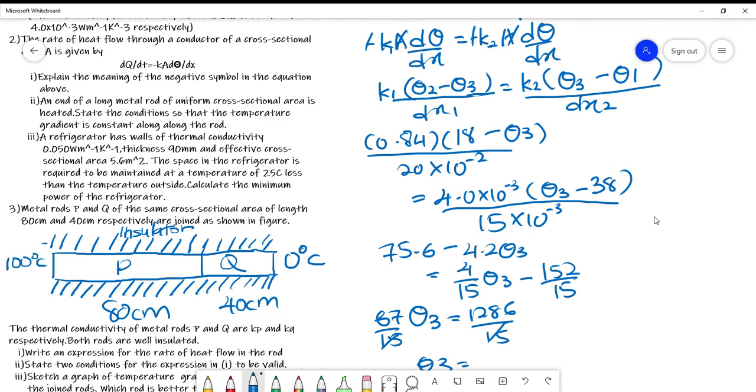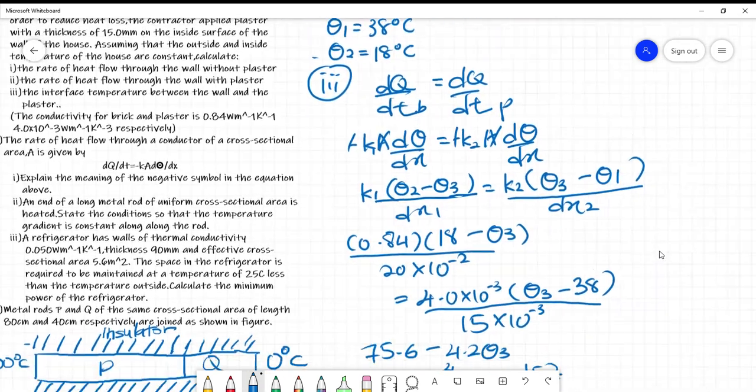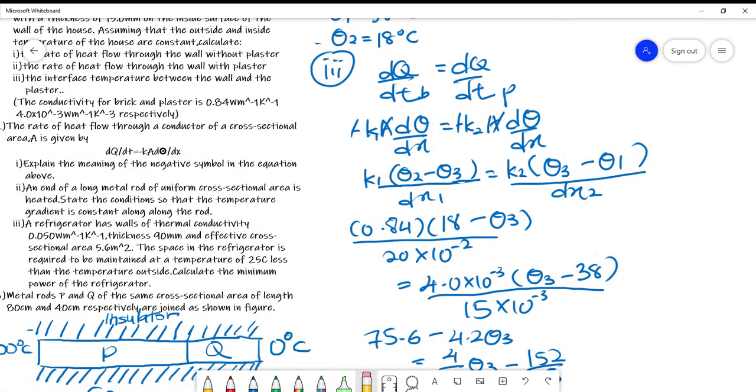So this one should be theta 1 and this one should be theta 2. So this one is theta 1 and this one is theta 2, since the heat flows from the outside into inside.